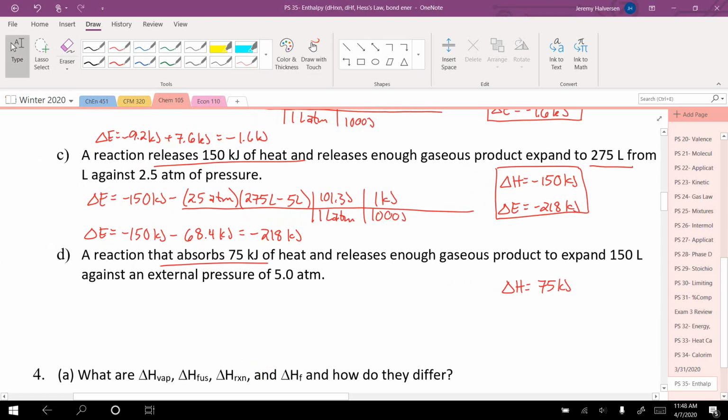This is enough gaseous product to expand 150 liters against an external pressure of 5 atmospheres. Change in energy is Q minus pressure. And it expands, so positive 150 liters.